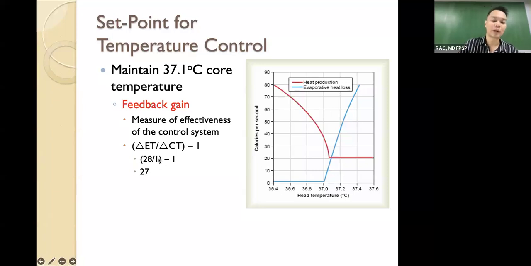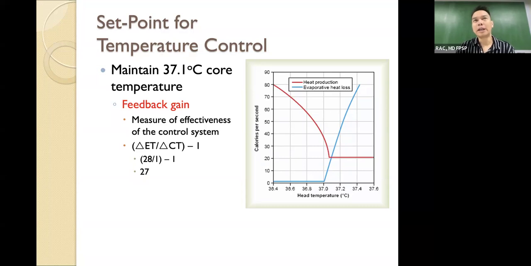So if you calculate the feedback gain, that's the change in environmental temperature divided by the change in core temperature, minus 1, you'll get 27, which is a fairly efficient control system.